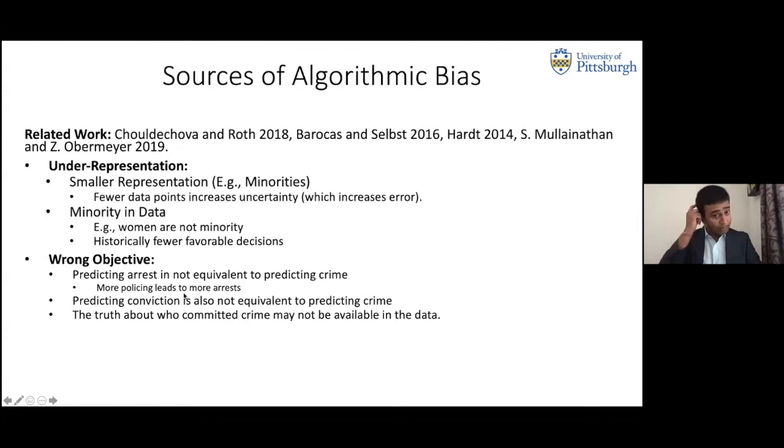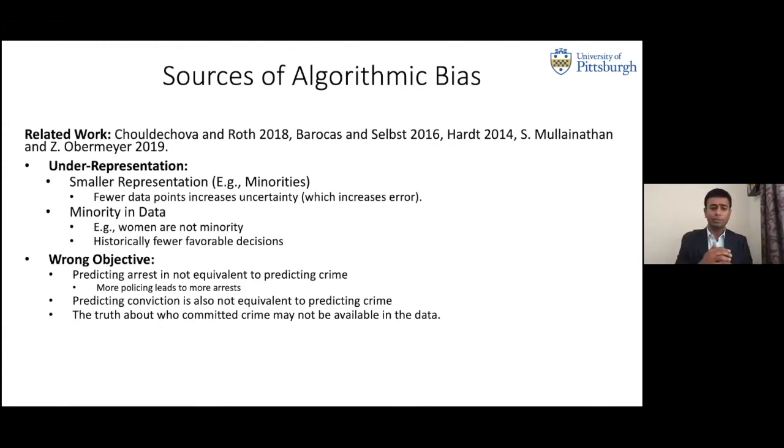For example, if you try to predict arrest, that is not equivalent to predicting crime, because in those areas where there is more policing going on, there are going to be more arrests, obviously. And in fact, even if you try to predict conviction, that itself is not equivalent to predicting crime, because courts make errors all the time.